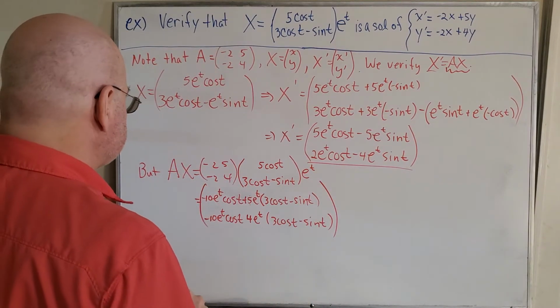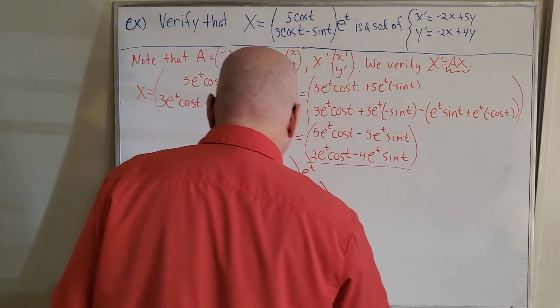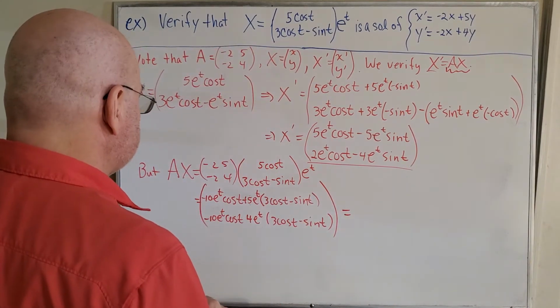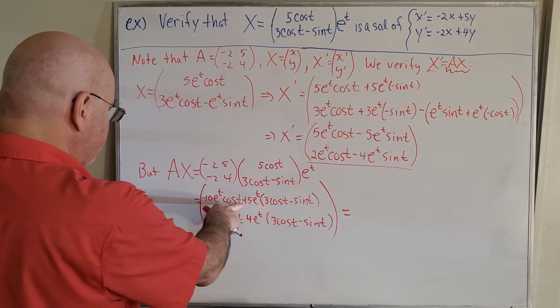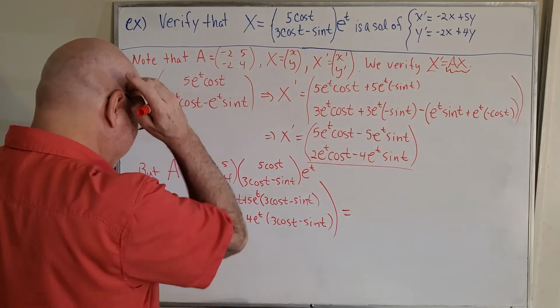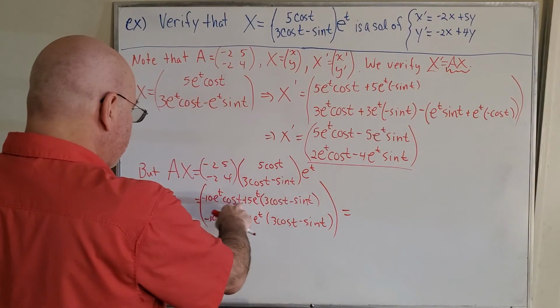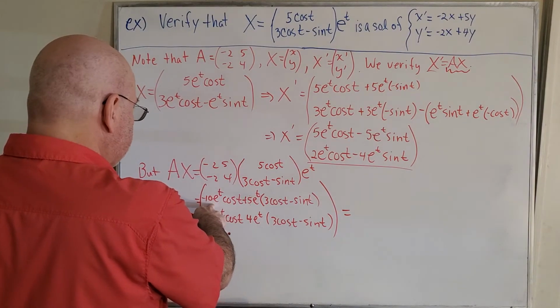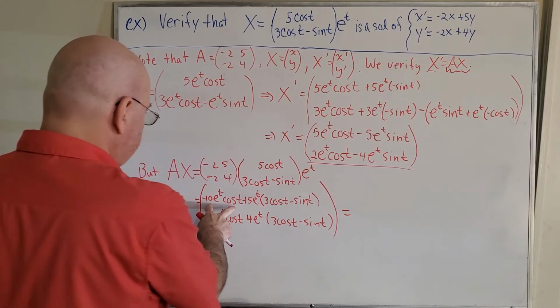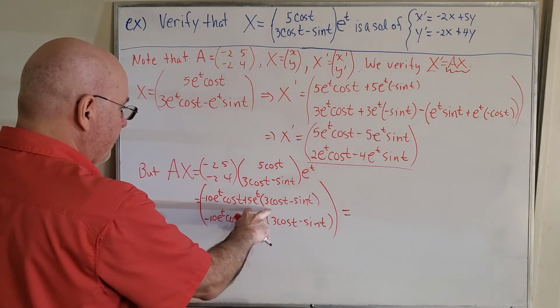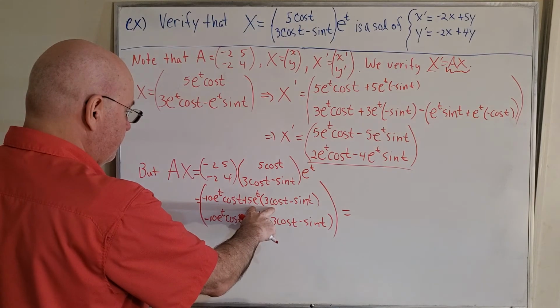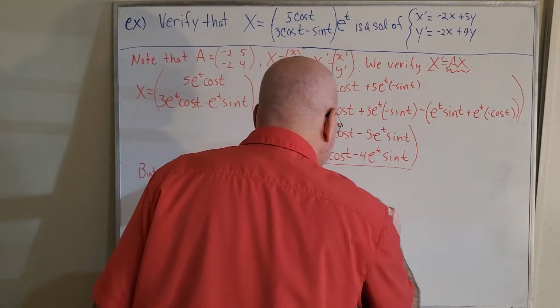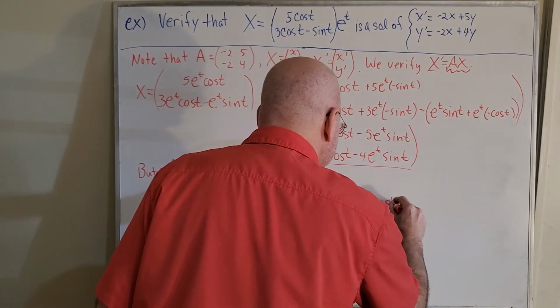Okay, so if we simplify that, they both have an e to the t, and I've got a -10 cos t, and I have a 15 cos t, so that gives me a 5e to the t cos t.